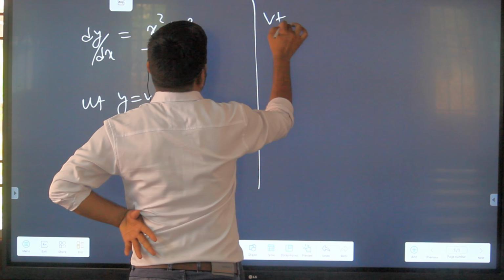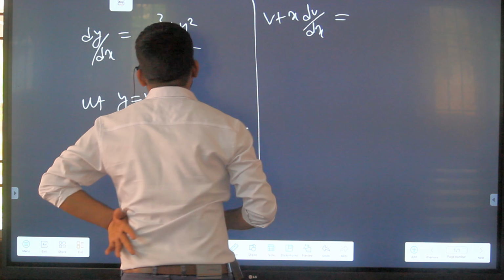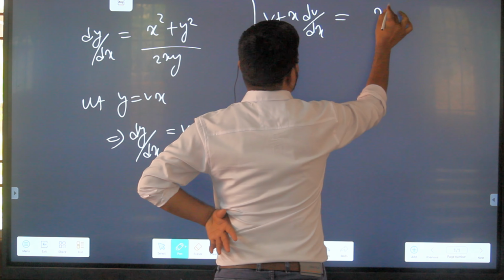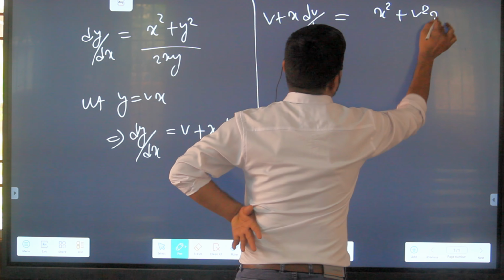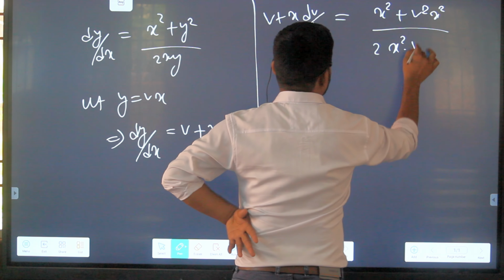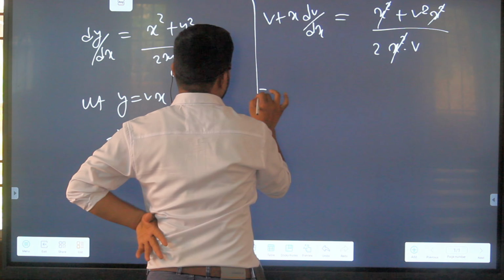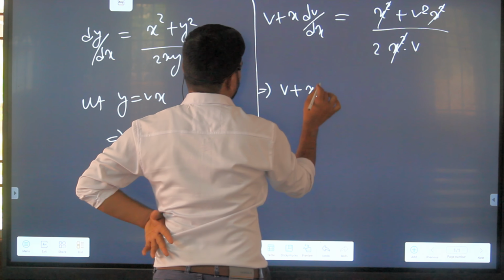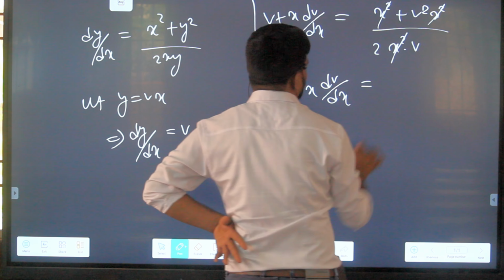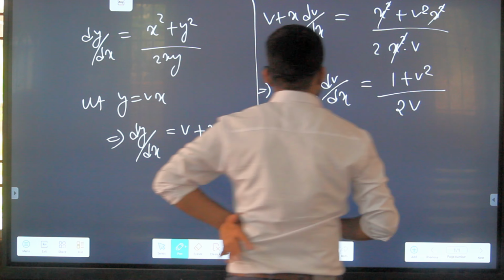I got v plus x dv by dx is equal to x square plus v square x square divided by 2x square into v. So x square will cancel. So I got v plus x dv by dx is equal to 1 plus v square whole divided by 2v.